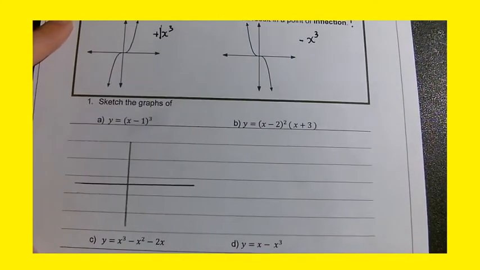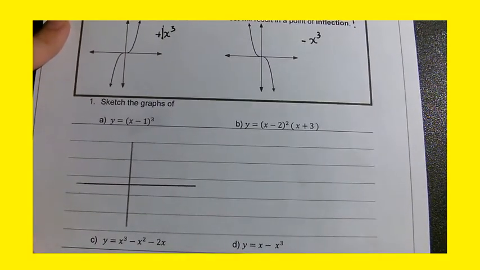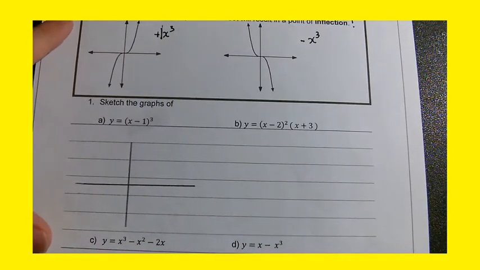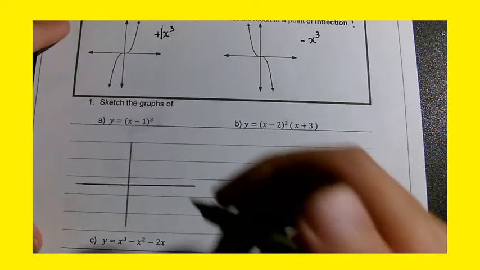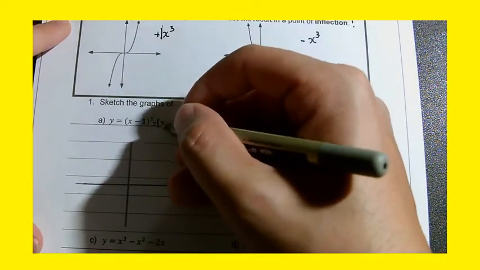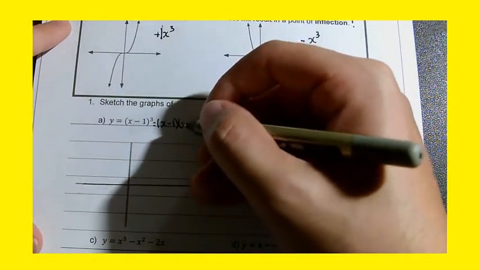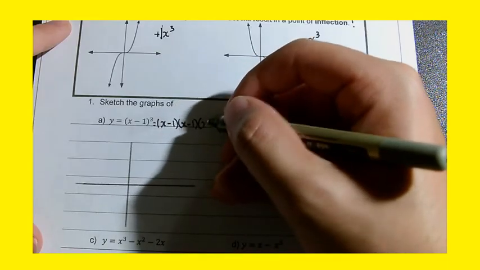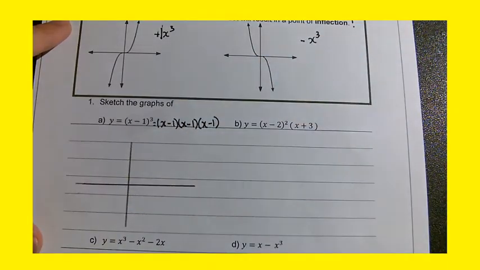Anyway, going back to this x minus 1 cubed, what would that look like? Well, a good start would be to think about what that means. x minus 1 cubed means x minus 1 times x minus 1 times x minus 1. That's the fully factorised form.